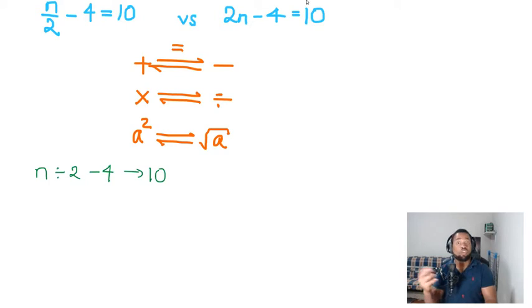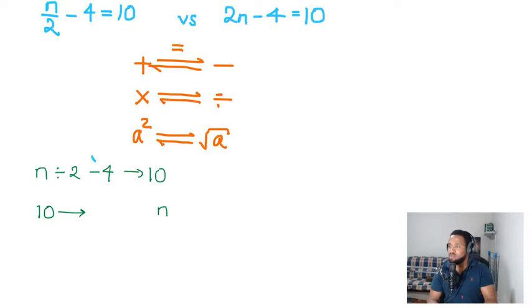Now, to go the opposite way to figure out what n is, which is our end goal, we start at the beginning at 10. What are we going to do? First we are going to go in the reverse direction, reading backwards using the inverse operation.